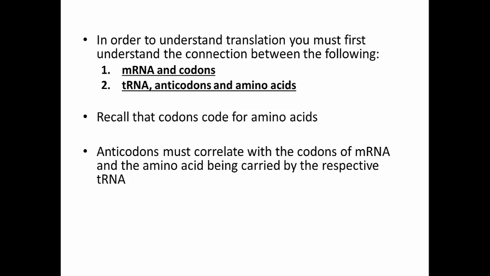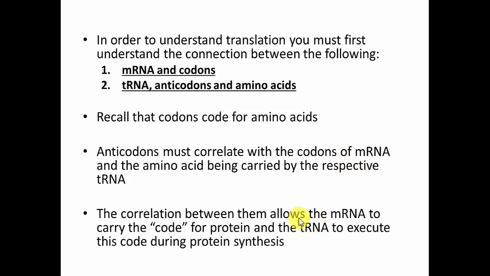But the correlation between mRNA and codons and transfer RNA, anticodons, and amino acids is what allows the mRNA to carry the code for protein and the transfer RNA to execute this code during protein synthesis. So many things have to happen here that it gets really confusing, and so I'm trying to break this down as simply as I possibly can.